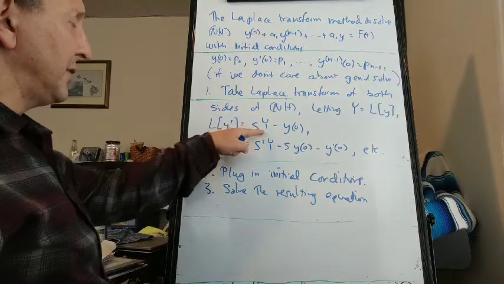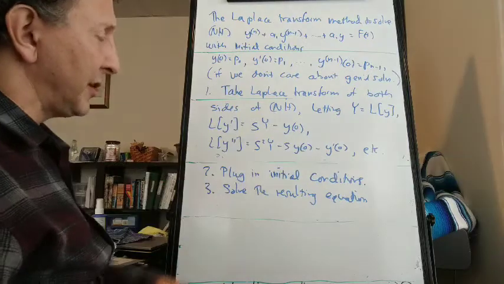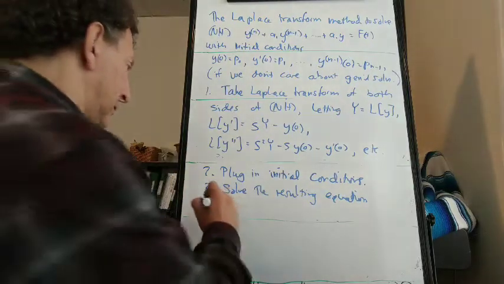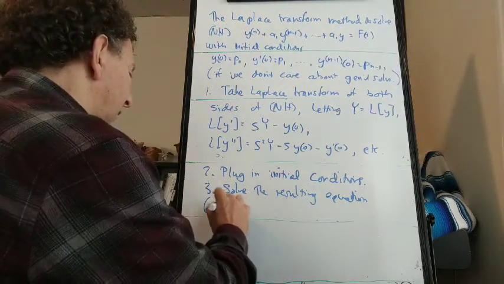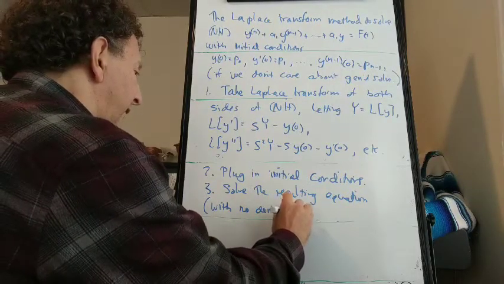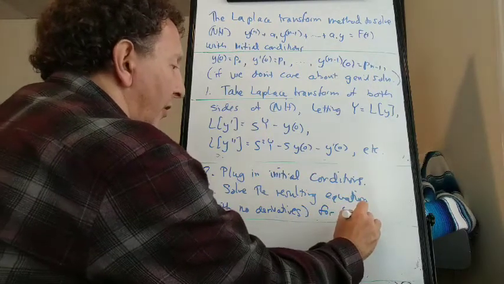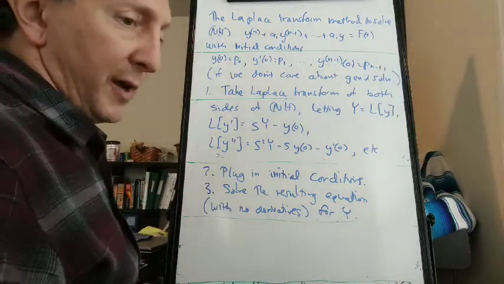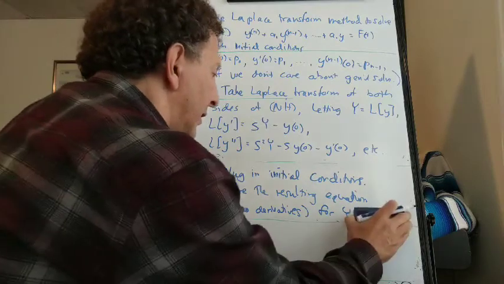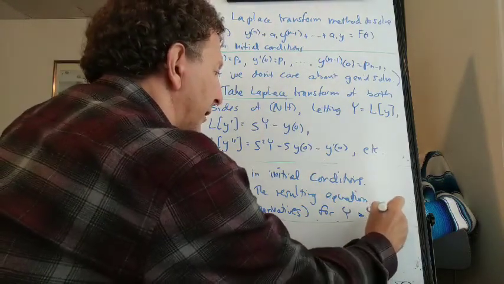It's going to have Y's and s's. We're going to plug in numbers for all of these initial conditions, and there won't be any derivatives left. So we'll solve that for Y, and that's going to be a function of s.